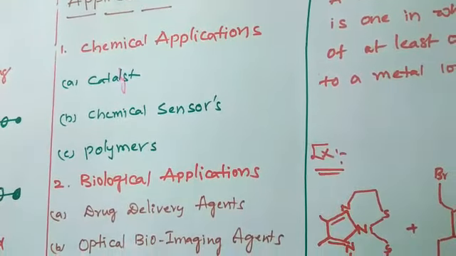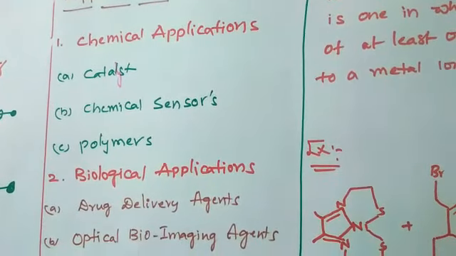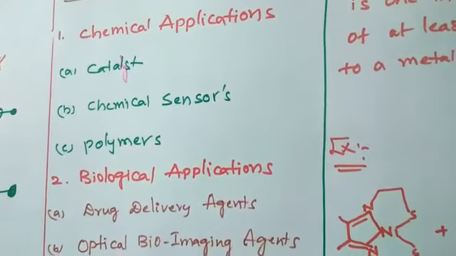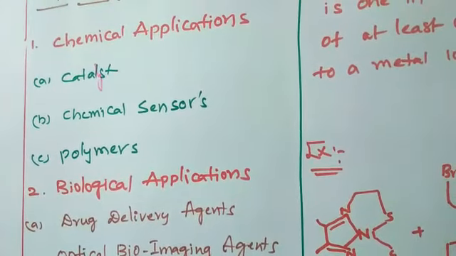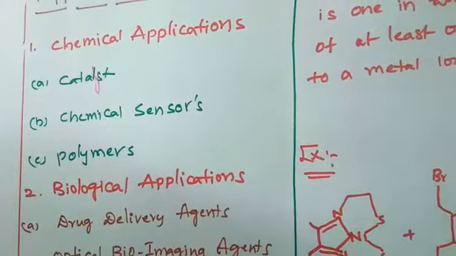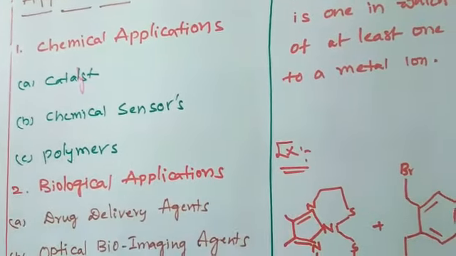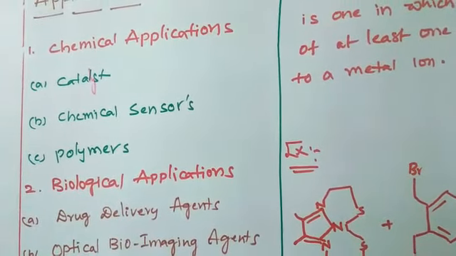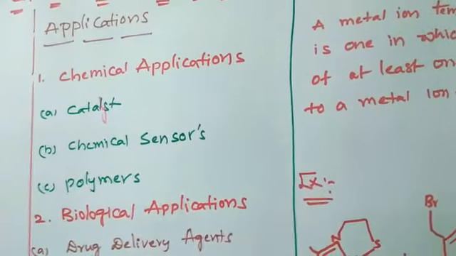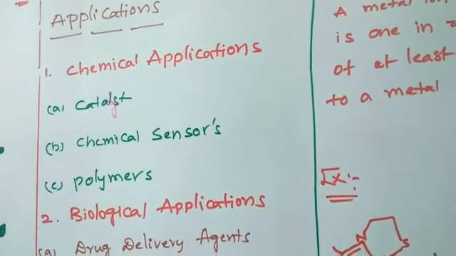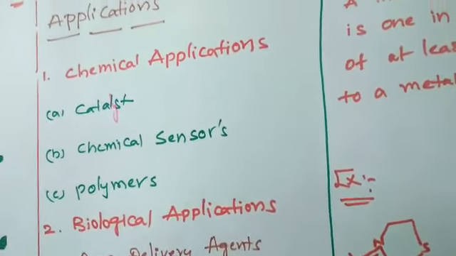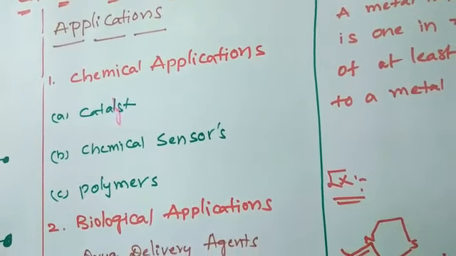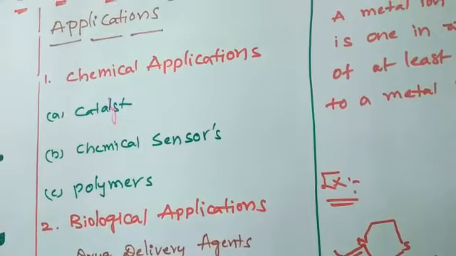Another important application is chemical sensors. Recently, a rotaxane was designed that incorporates a tris(bipyridine)ruthenium(II) based macrocycle for luminescent detection of halide ions in water.